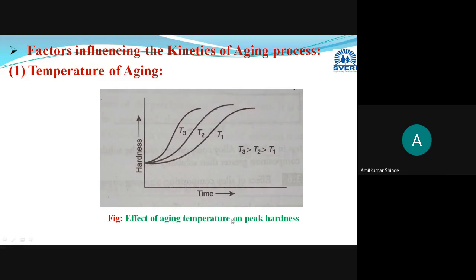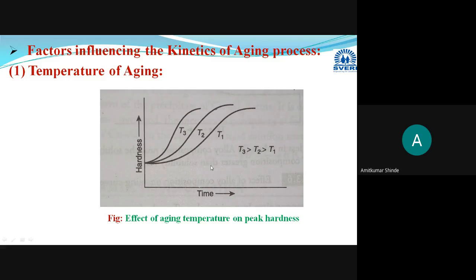This is the effect of aging temperature on the values of the hardness. What will happen to the hardness of that alloy if I select different temperatures, T1, T2, T3, where T3 is greater than T2, and T2 is greater than T1?